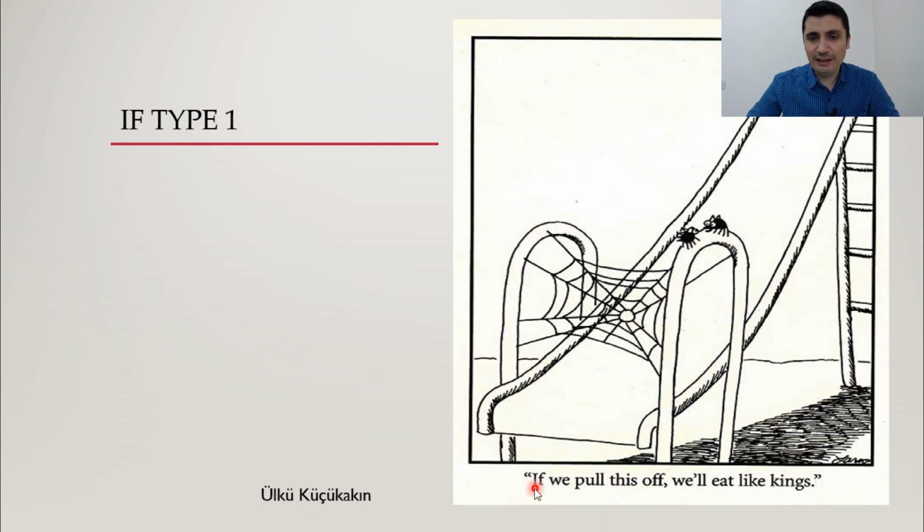And they say, if we pull this off, we will eat like kings. So they are trying to catch a child sliding from the slide. If we can manage this, we will eat like kings. They are planning to eat a child.